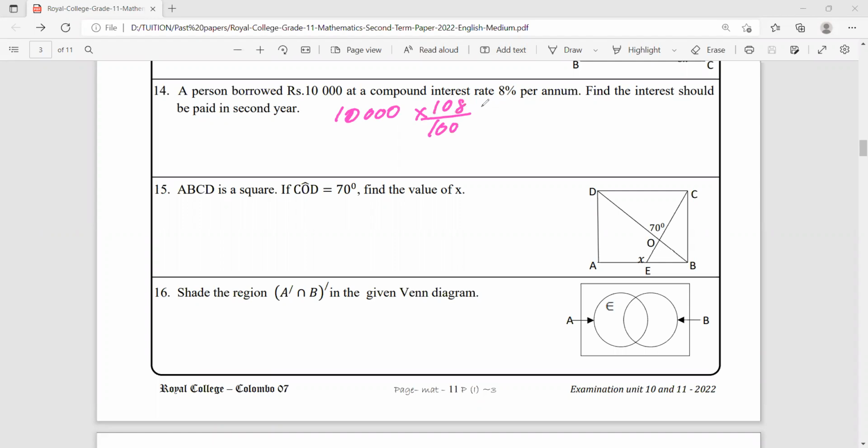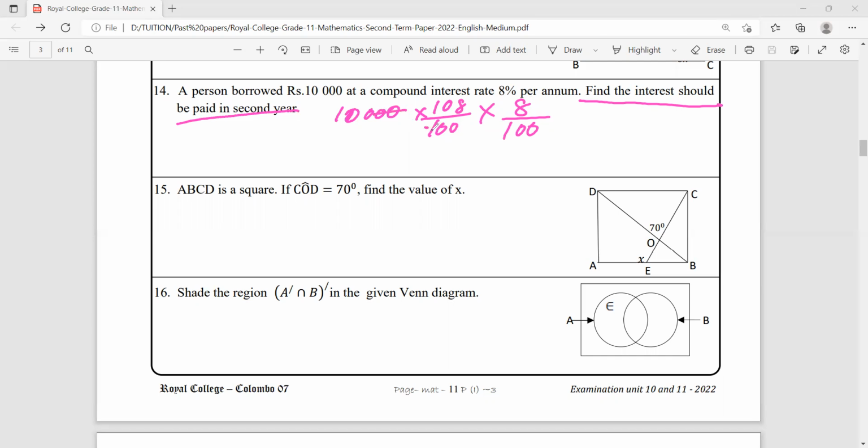And the interest at the end of the second year is 8% of this total. This is the interest that is paid in the second year, right?